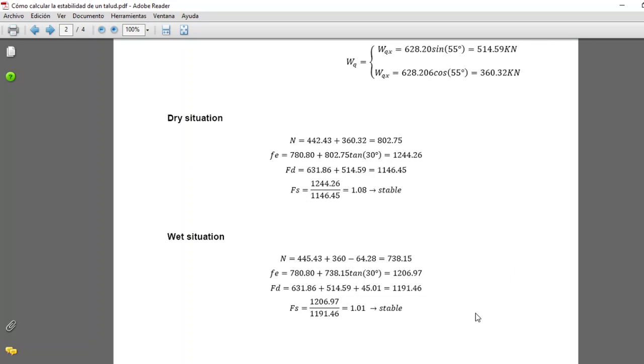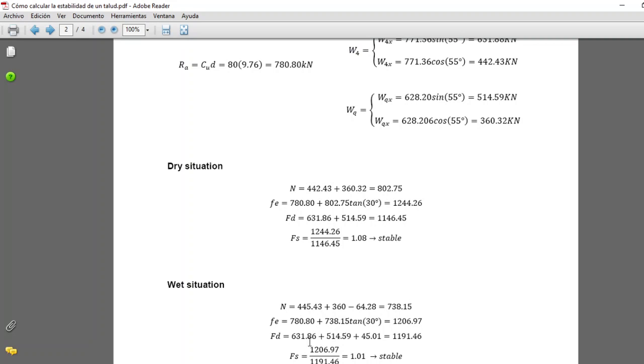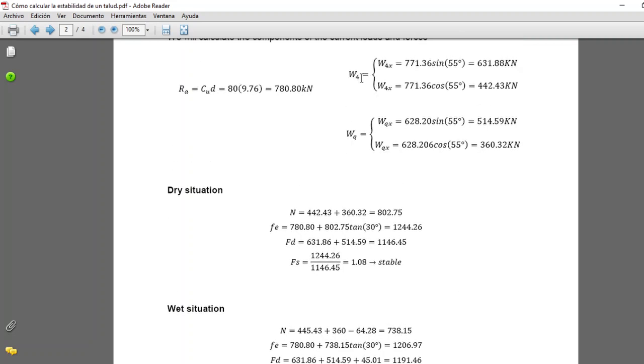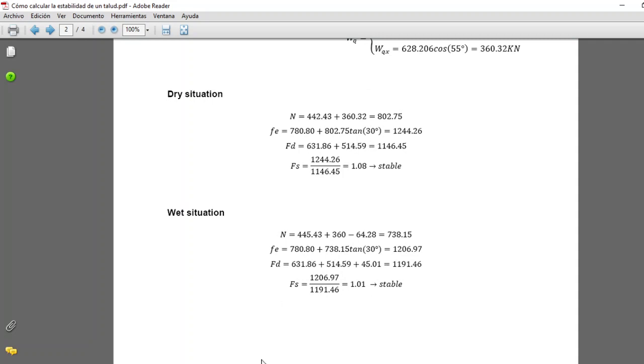And for FD we need to use the components of X for W4 and WQ respectively.